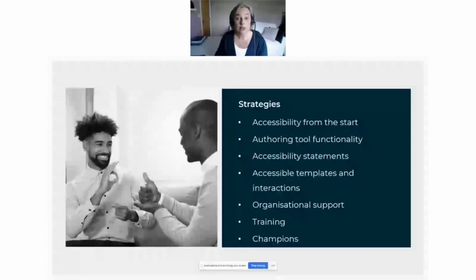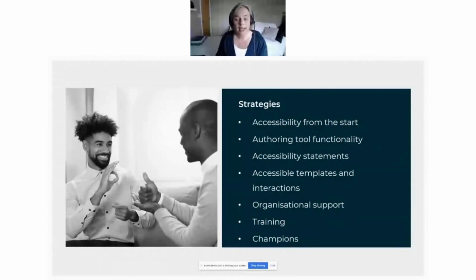It may mean that you need to provide an accessibility statement which gives alternatives to people, or in that accessibility statement you might have a list of things that are not able to be accessible with the tool that you're using. So I'd also advise people to set up accessible templates and interactions which can be reused in projects. So that's a real time saver.